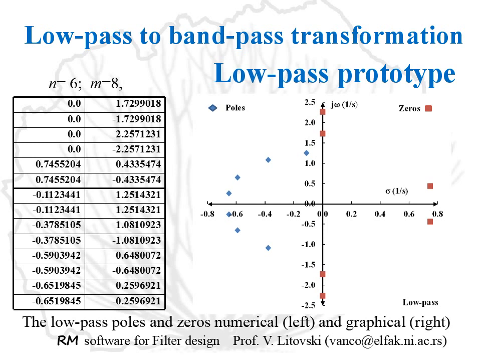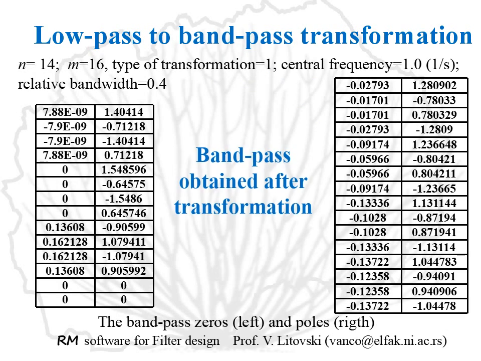On the right-hand side, this table is visualized so that the red squares are zeros and the blue rhombs are the poles. This is the low-pass prototype.